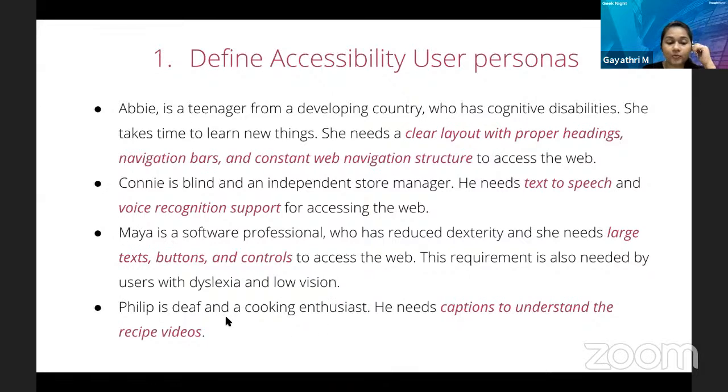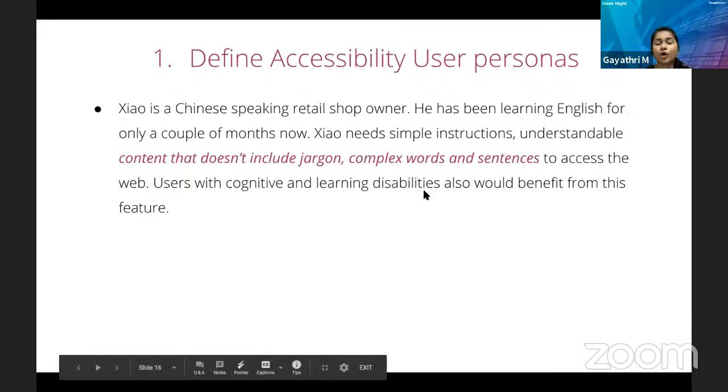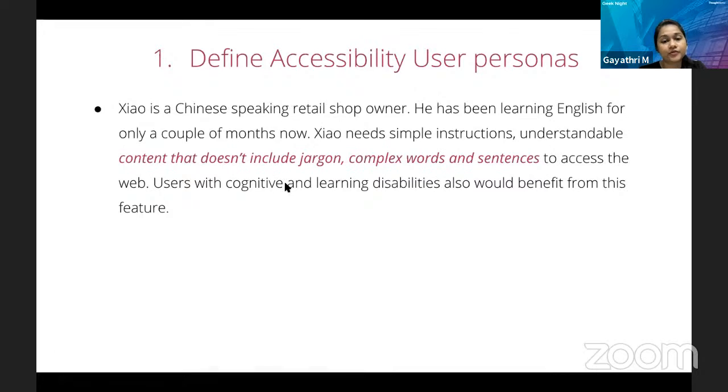And as we spoke about, what if there is a cooking enthusiast who is deaf? We need proper recipe videos, and captions for the recipe videos could be the only way that we can bring Philip into the system. Similarly, non-native English speakers could be one of the users.